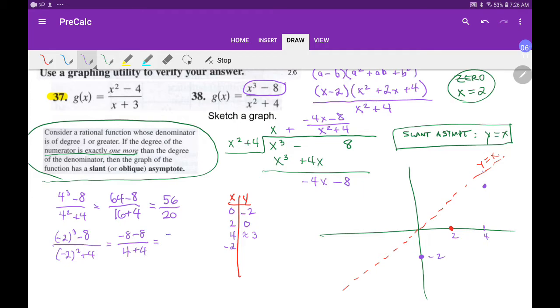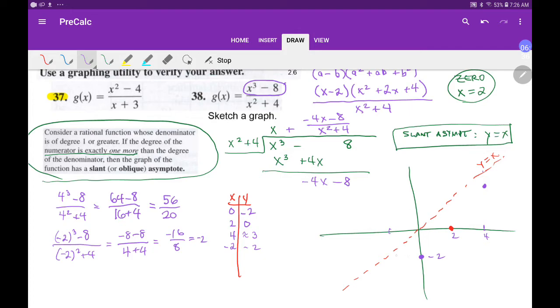So we get negative 16 over 8. That's negative 2. So at negative 2, about right here, I get negative 2. What did I do wrong? Because it doesn't seem like I should.